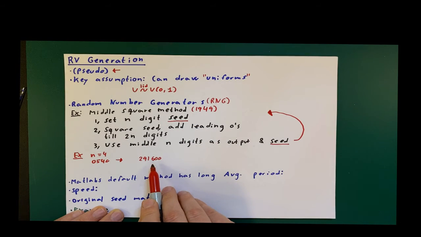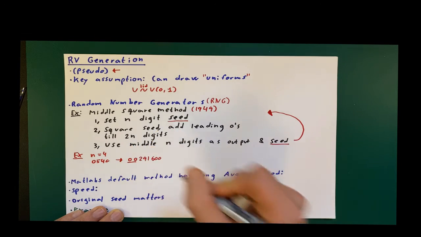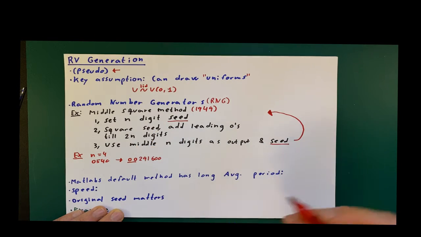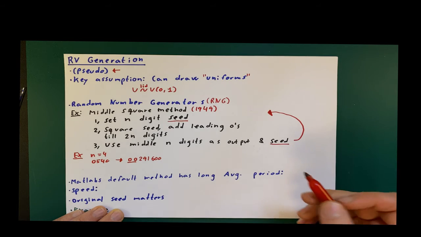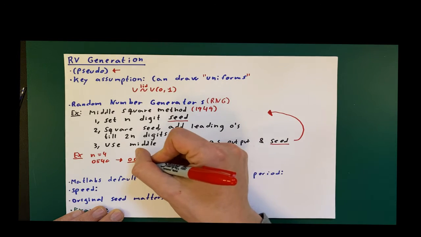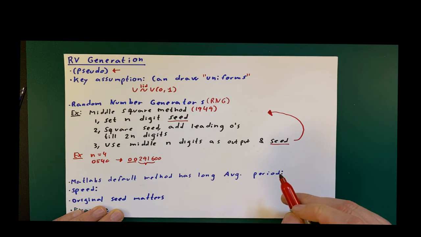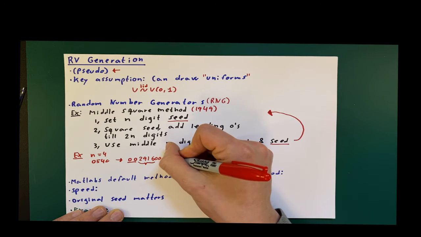But then we see, okay, we only have 6 digits, so we have to add 2 leading zeros here, to get to the 2n digits. Well, and then in the next step we use the middle n digits, so that's going to be these 4 digits here. Then we square them, and then we get the next number.